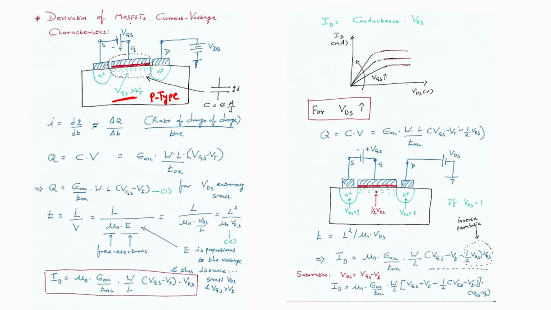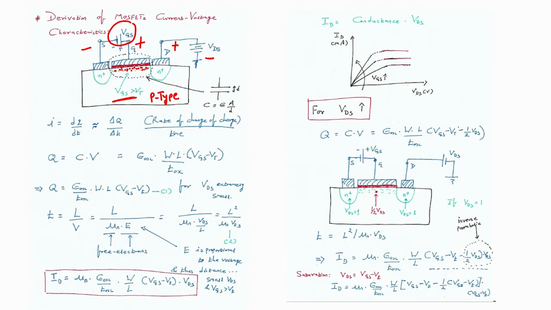If I apply voltage such that my gate is positive compared to source, and my drain is positive compared to source, then the electrons will come into this region and the channel will form when VGS is greater than VT.